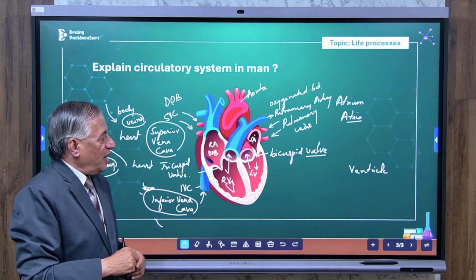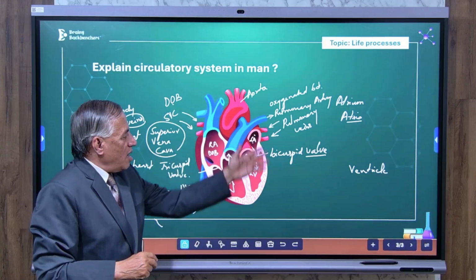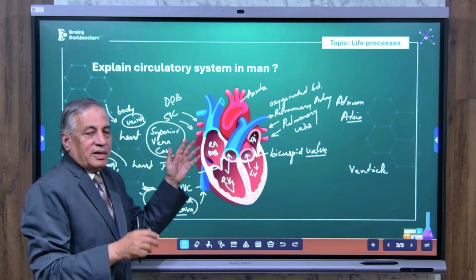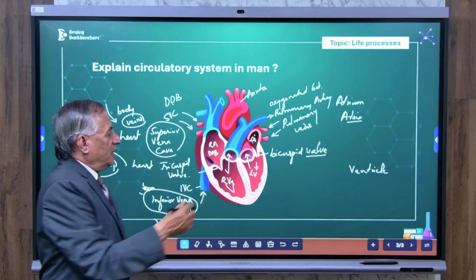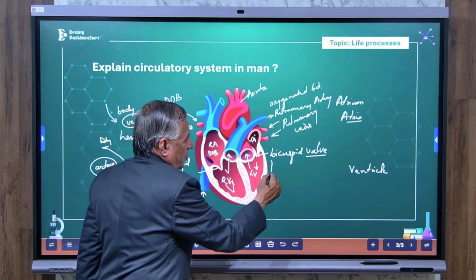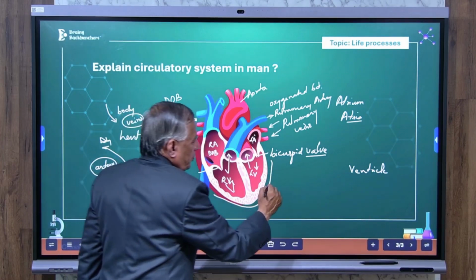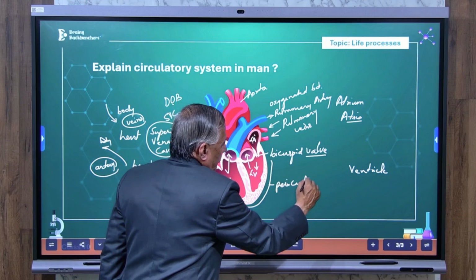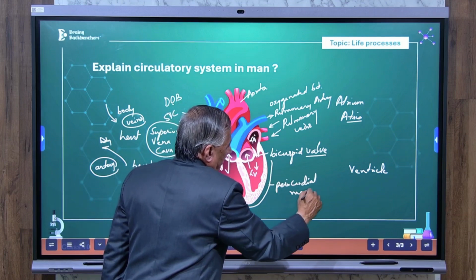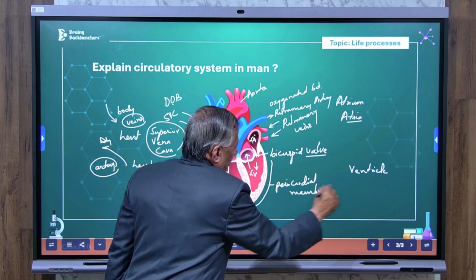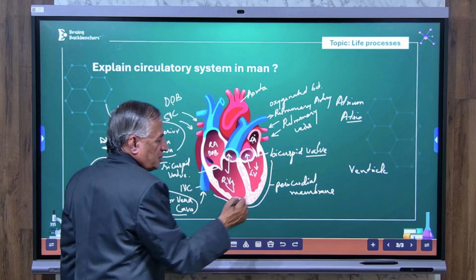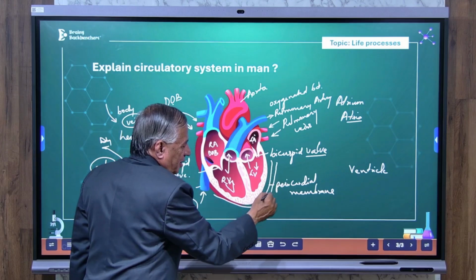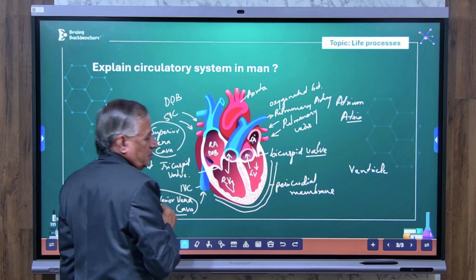Last point, as you have seen, this heart is enclosed in a membrane. That membrane is called the pericardial membrane. In case of human beings, this pericardial membrane is double walled.